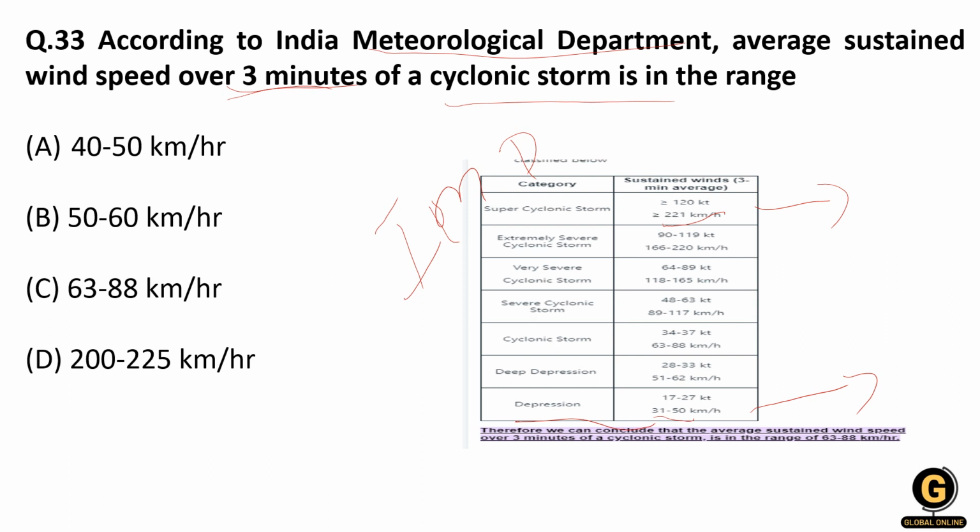For the cyclonic storm, the wind speed is 63 to 88. If you can remember these, you can guess the remaining ones, whether extremely severe, very severe, or severe cyclonic storm. So remember 221 for the highest, 31 for the lowest, and 63 to 88 for cyclonic storm. Anything in between you can just guess, right? I hope you got it. So our answer is 63 to 88 for the cyclonic storm, right?